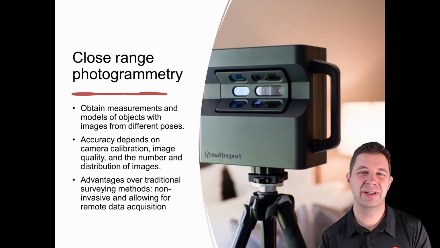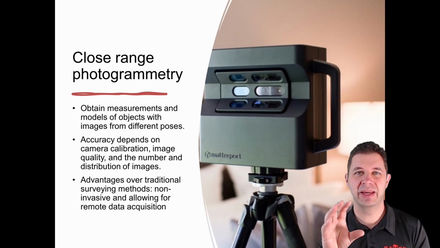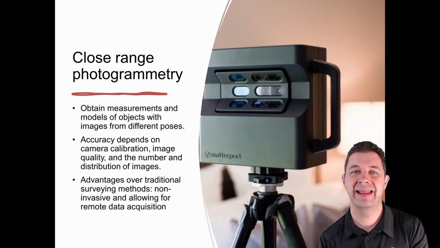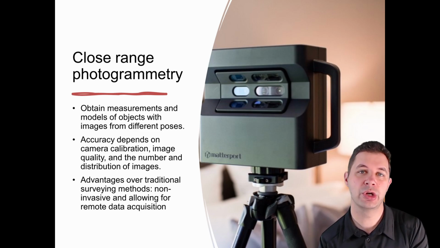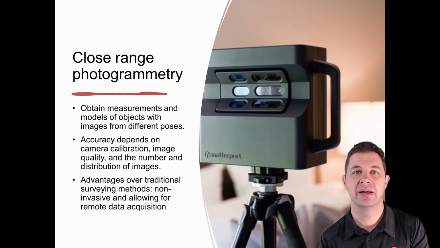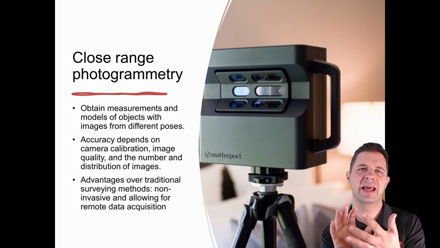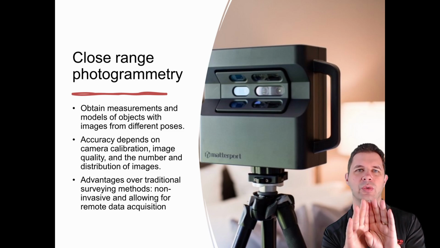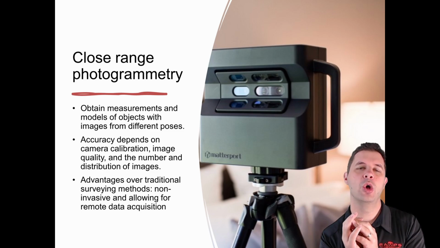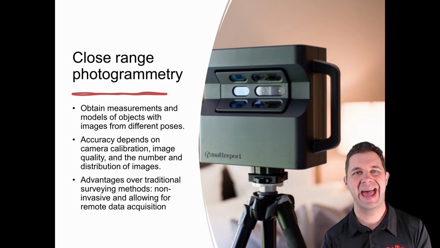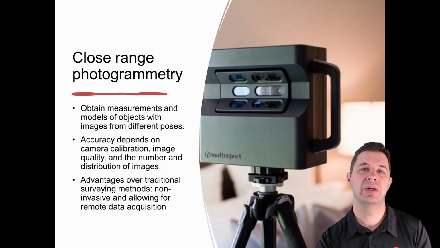Our image quality, for example, if we've got some vibration where it's shaky and we've got some blurring. Our camera calibration is also an important consideration. In this case, our camera calibration between the different cameras, but also our lens calibration of how flat it is, or do we start having fisheye effects or some distortion in our lens. Those distortions make it harder to accurately match features between photographs.